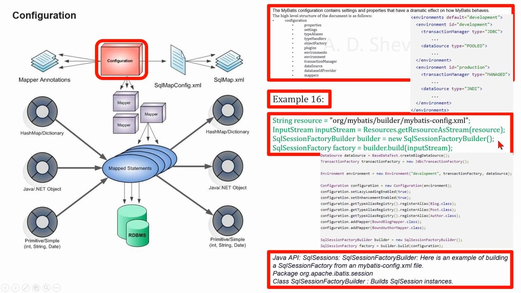Notice that we are making use of the Resources utility class, which lives in the org.apache.ibatis.io package. The Resources class, as its name implies, helps you load resources from the classpath, file system, or even a web URL.